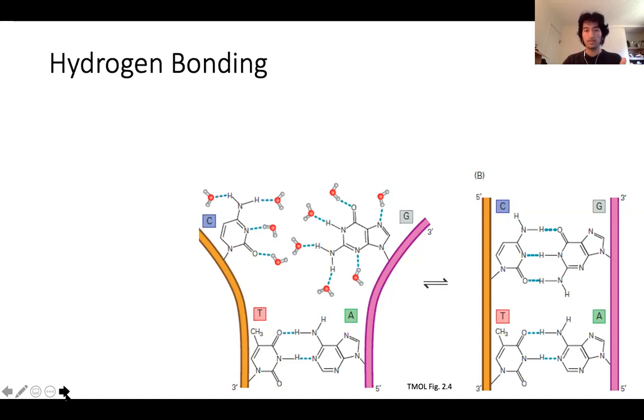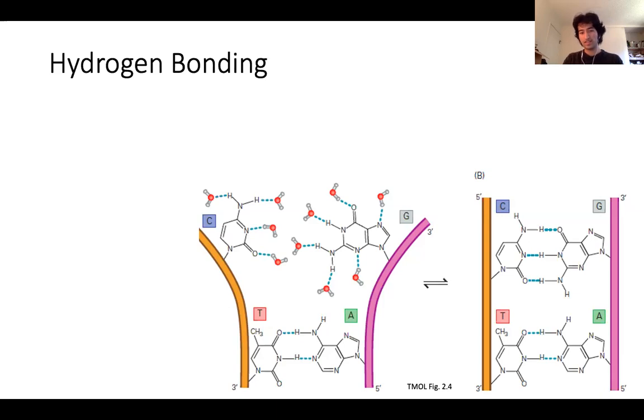Notice that on the left-hand side, before the double helix even forms, you have your nucleotides such as cytosine and guanine that you can see here, and all of their hydrogen bond acceptors and donors are already engaged in hydrogen bonding because they're surrounded by water all the time. Even after the DNA double helix forms, the hydrogen bonds with water are lost, but they're essentially just replaced with the hydrogen bonds that the nucleotides make with their complementary pairs.